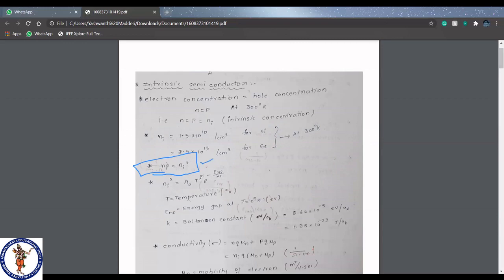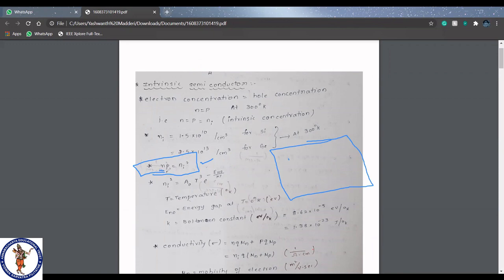This statement is valid for all, for any semiconductor, irrespective of whether it is p-type or n-type, no matter what. This statement says that if we have a semiconductor bar, it may be intrinsic, it may be n-type, it may be p-type.